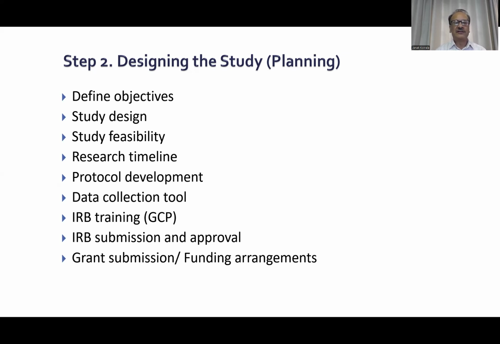Study design, study feasibility. Is this study feasible at my institution or my institution plus other institutions, or is it not feasible because of certain barriers within the institution, certain barriers because of the cultural norms or beliefs, or certain barriers because of finance or funding issues?